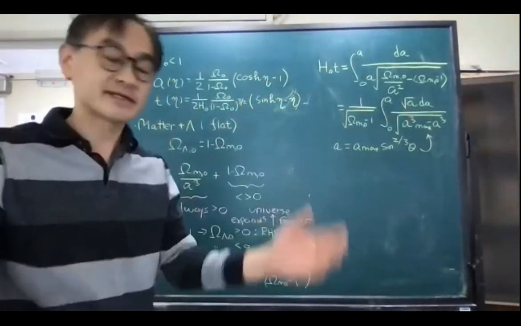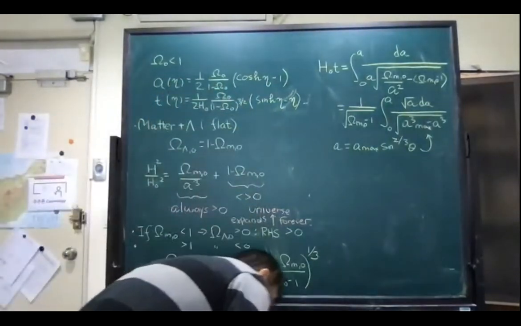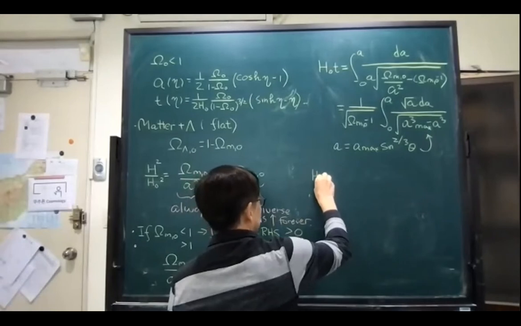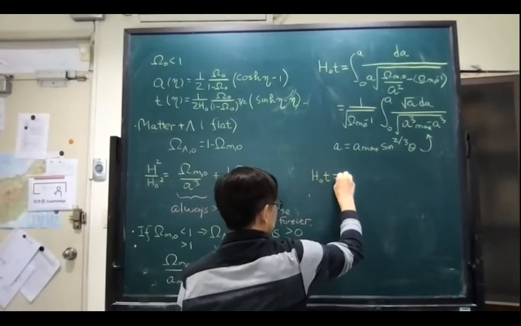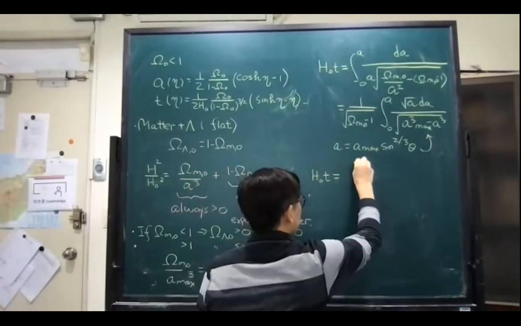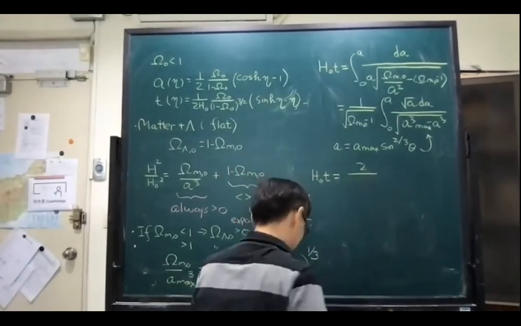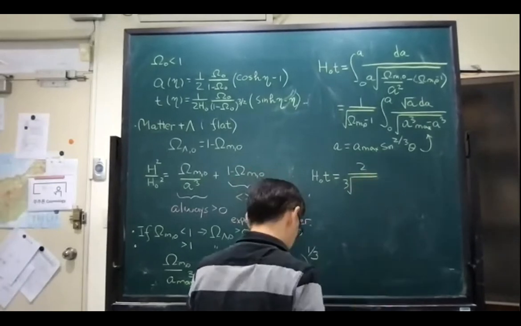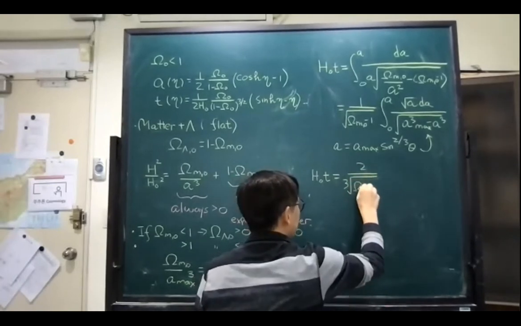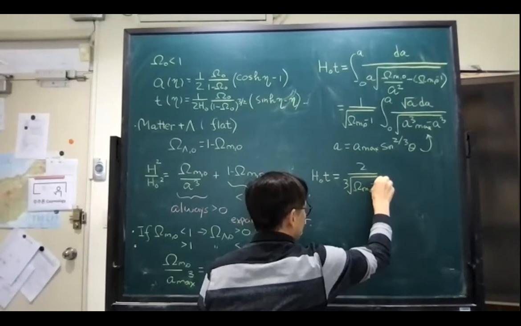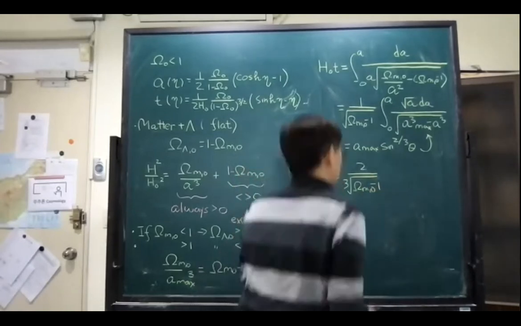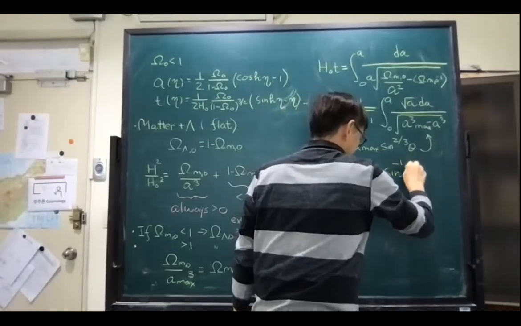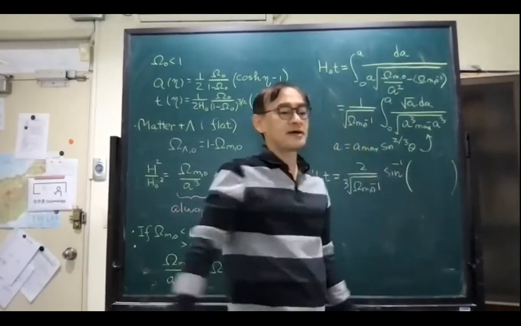And the answer is H0 t is equal to 2 over 3 square root of omega m0 minus 1, and you have the inverse sine of something.